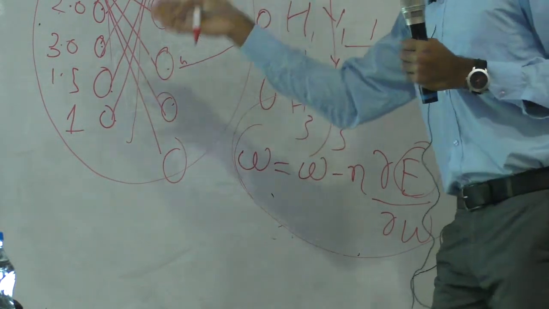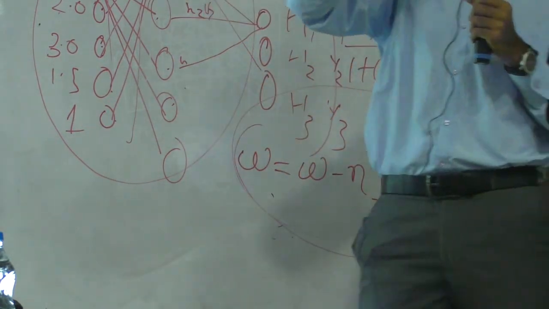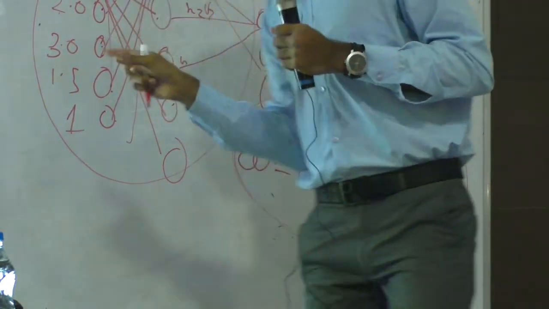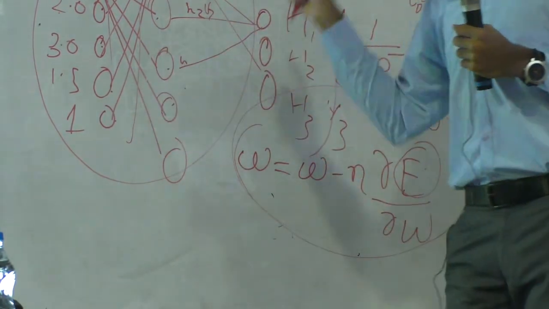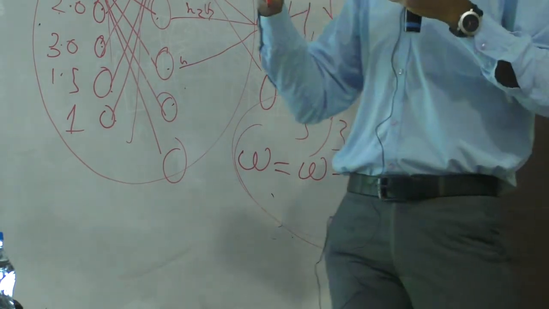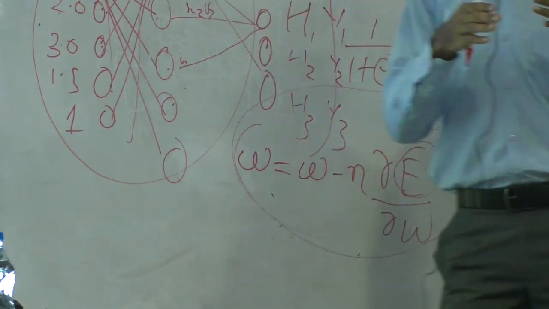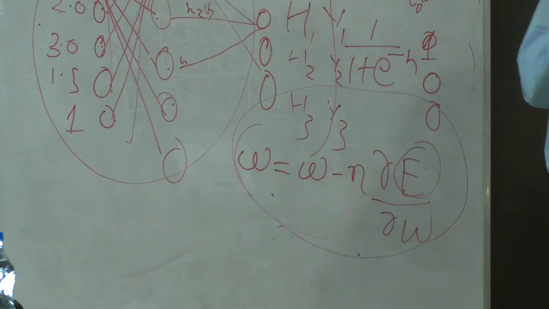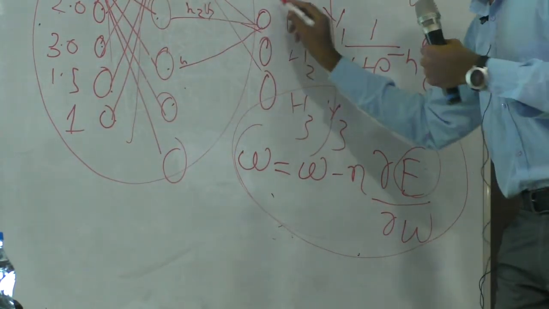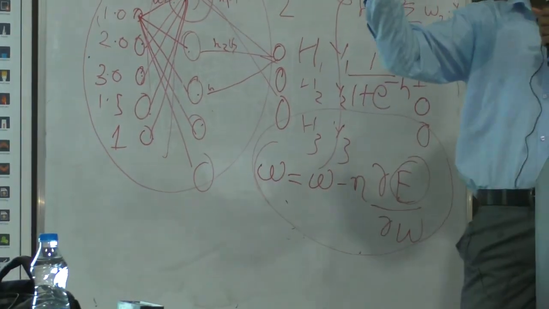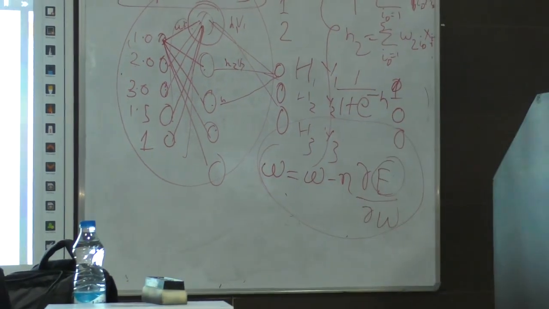I will take it for 120 samples because I have taken 120 training data samples. When I go through all of them, that is called one epoch. After that I will move again and check whether my model is having error or not. If my model's error is very small, I take some input data, find the output and it matches the desired output, and if my error is negligible, I'll stop over there.